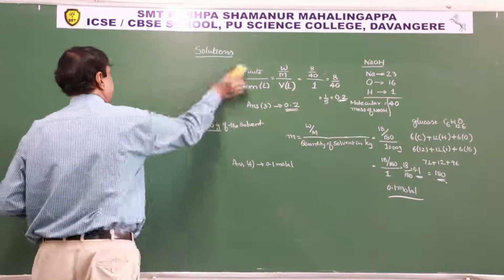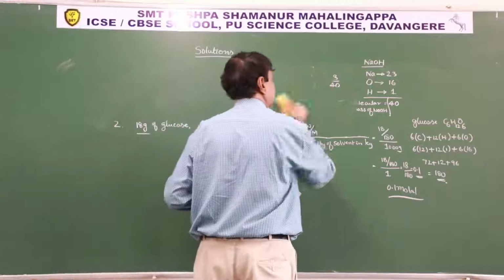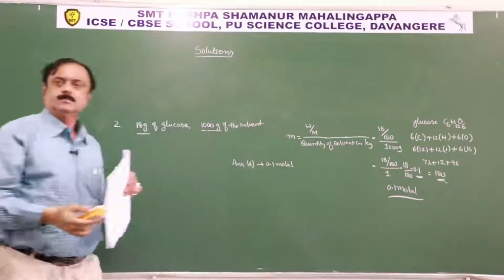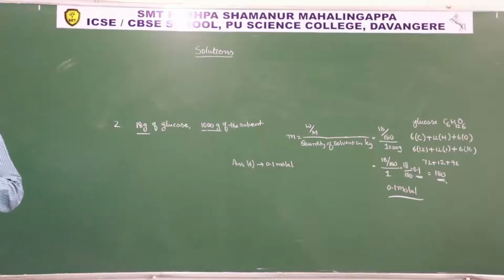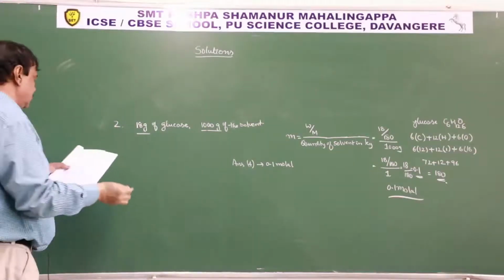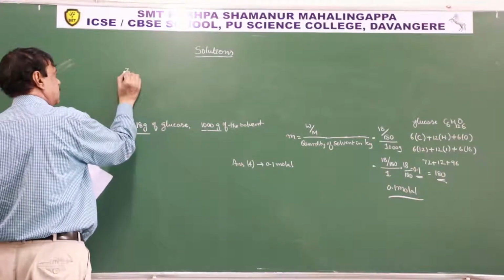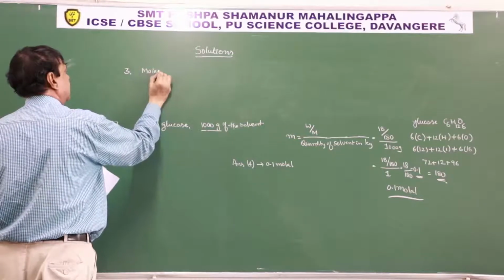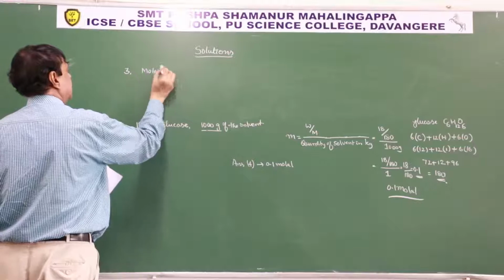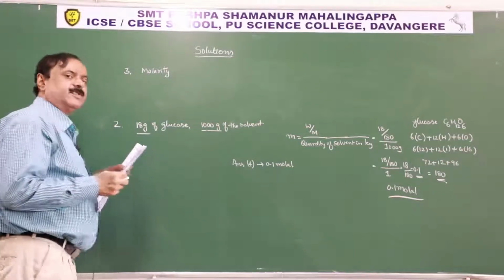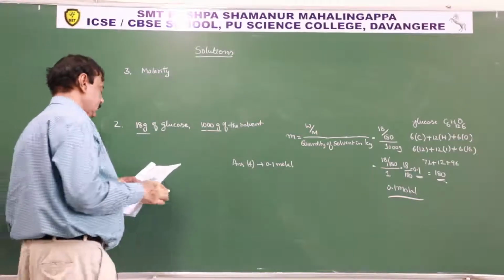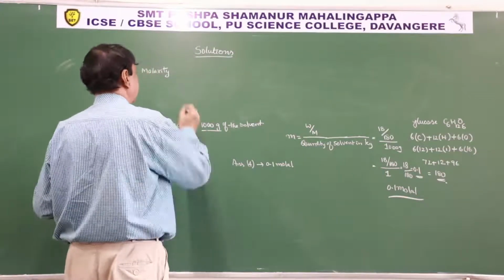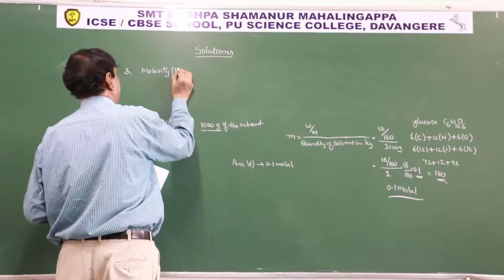This is the third problem, a revision once again with a different compound. The molarity of the solution, based upon sodium chloride, that is M.